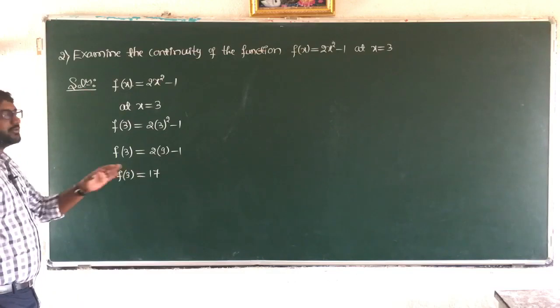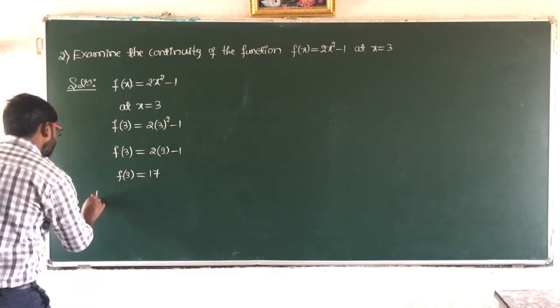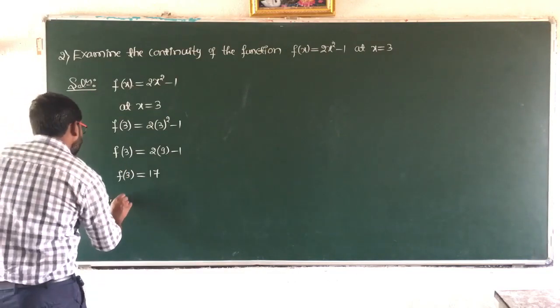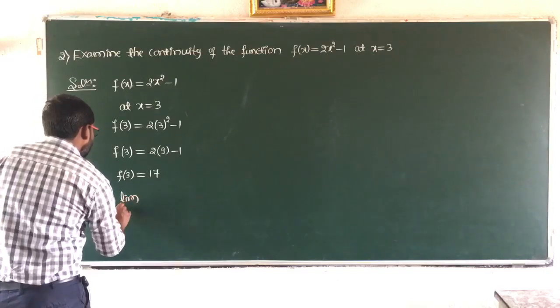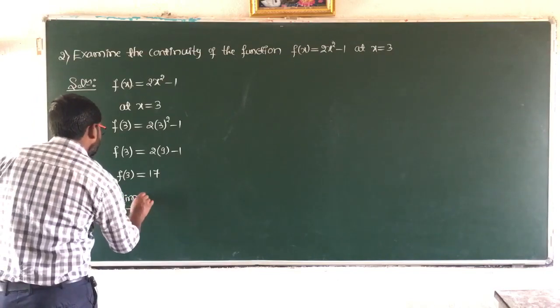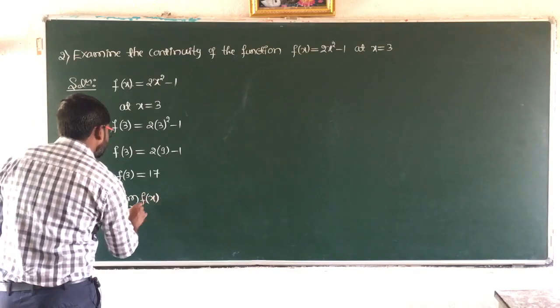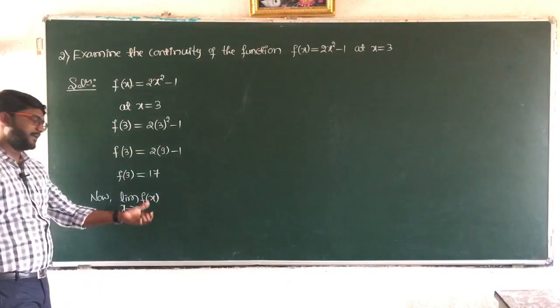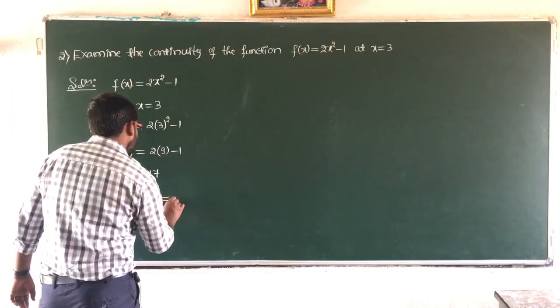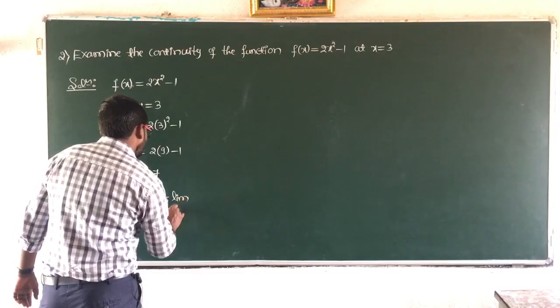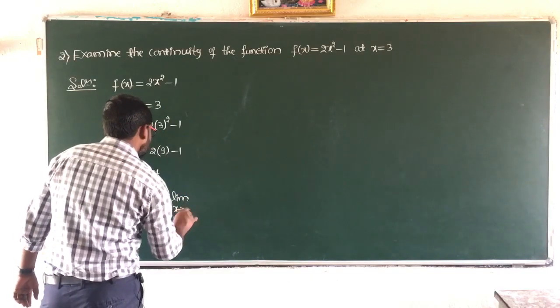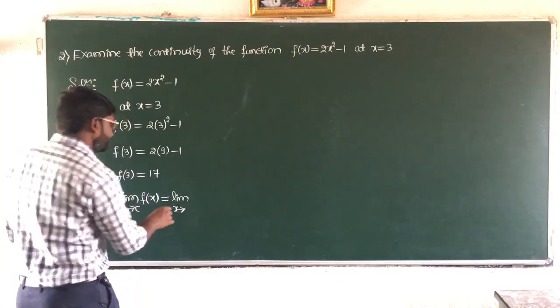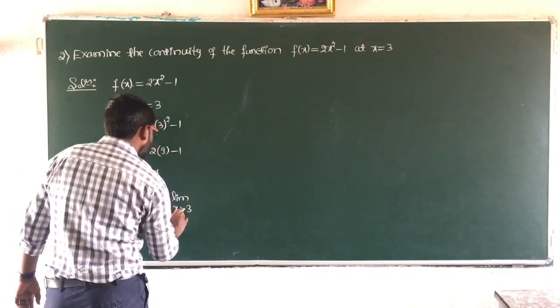Now, I will have to go for the limit of the function. Limit x tends to c f of x is equal to limit x tends to 3 f of x. What is f of x now?